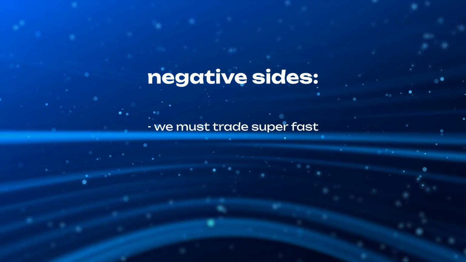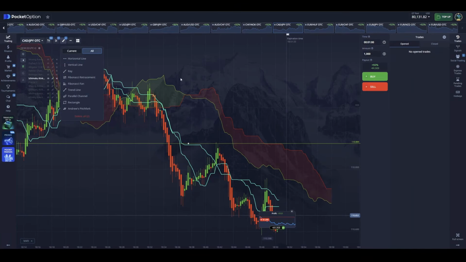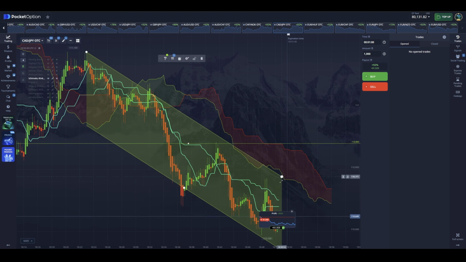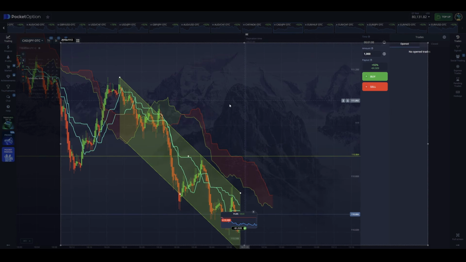The second downside, as I mentioned, is that technical analysis doesn't work as well here. So all the tools we discussed in Unity 2 will not work as well, specifically on OTC. So for example, if we just mark a regular level on the regular market, it would give us, say, 7 out of 10 trades.